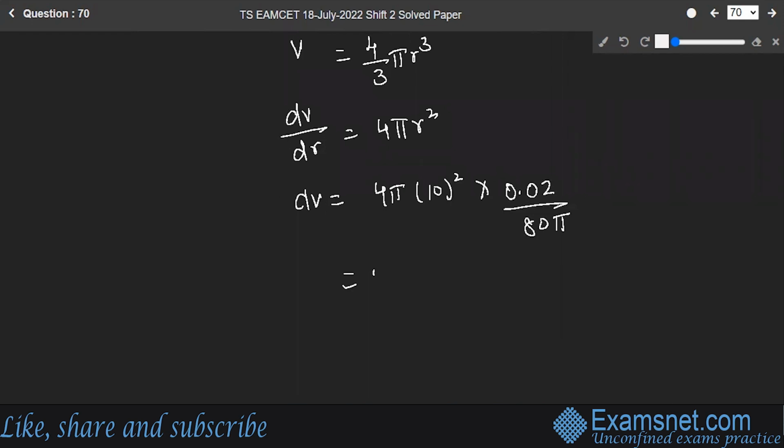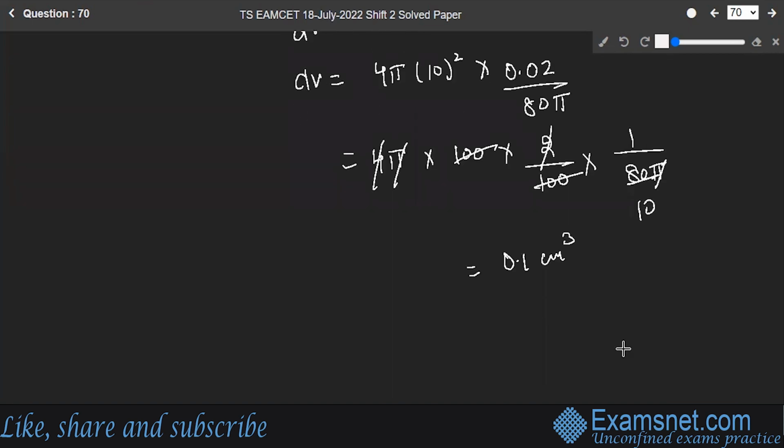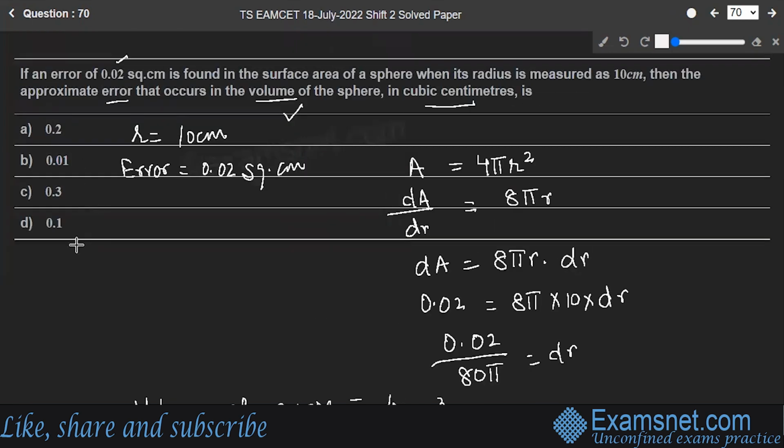Correct? This is going to give me 4 pi into 100 into 2 upon 100 into 1 upon 80 pi. Pi will cancel, 100, and this is gonna give me 0.1 centimeter cube. This is the error in the volume. Okay, so 0.1, that is option D.